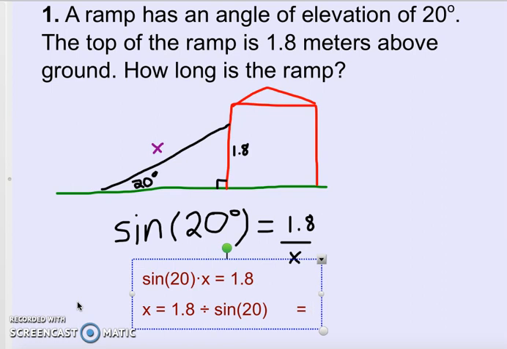So I will do that on my calculator. 1.8, I'm going to say what I'm typing, divided by, open parentheses, sine 20, close parentheses, enter, and I'll round to 2 decimal places. I get 5.26. That would be meters. So that's how long the ramp is.